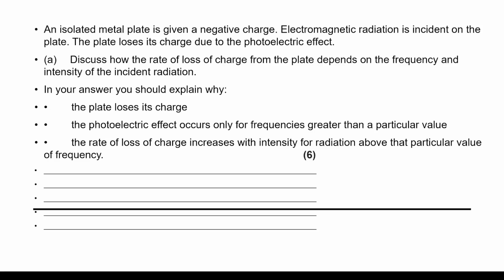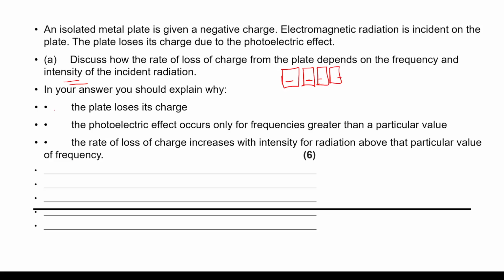So frequency decides the size of the energy and intensity decides the number of photons. If you increase the intensity, you increase the number of photons, and hence the number of electrons would increase if the energy of each packet is higher than the energy of the work function.